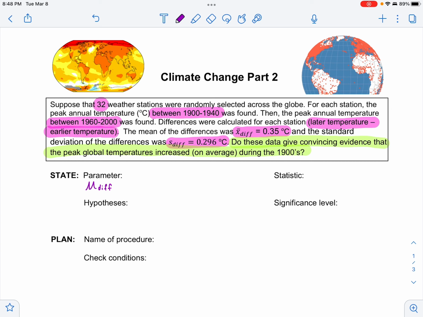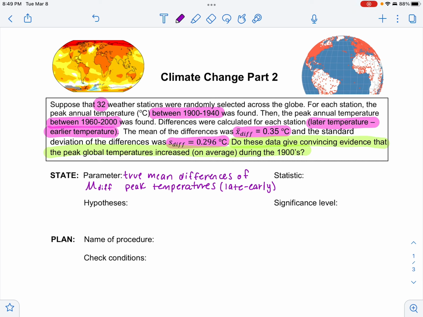And what this is in context is the true mean differences of peak temperatures, and that is the late minus early as it's set up in the problem, but we still want to make sure that we are defining the direction we're using as well.